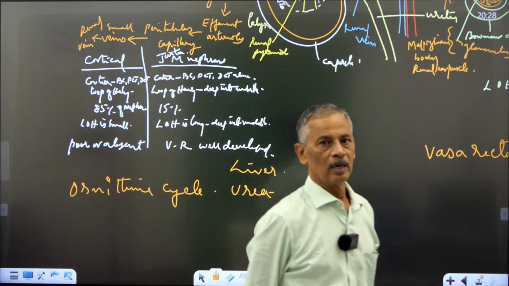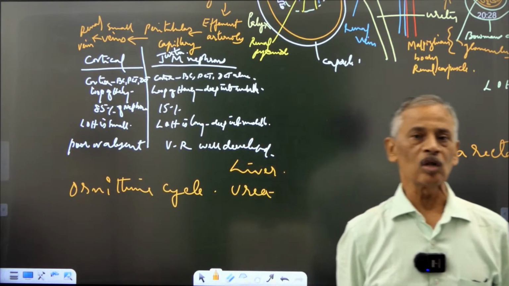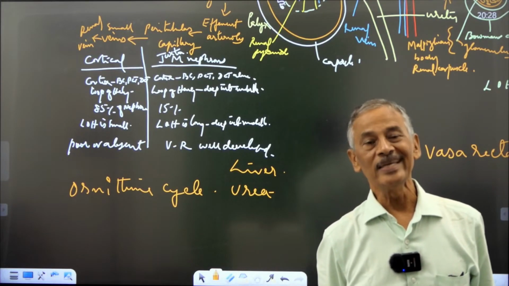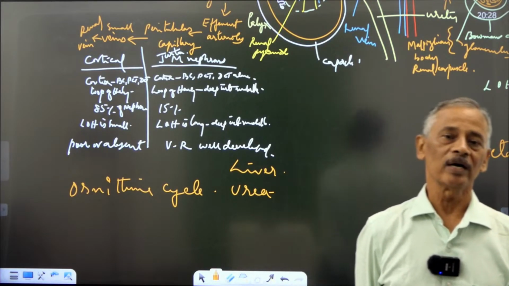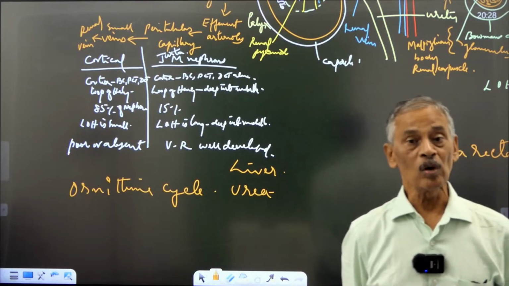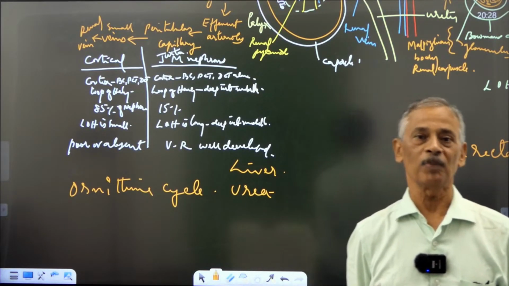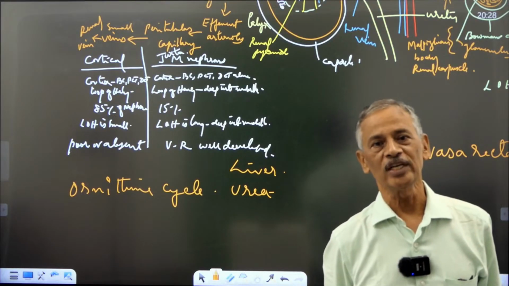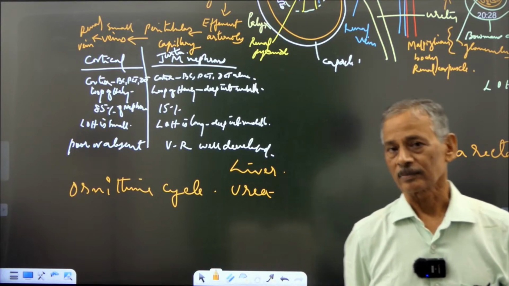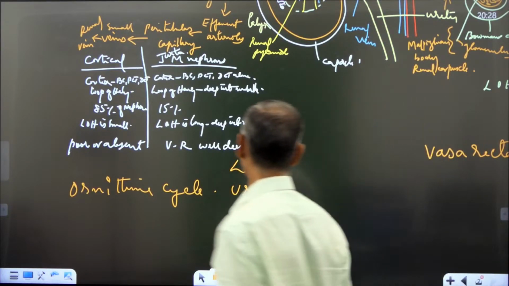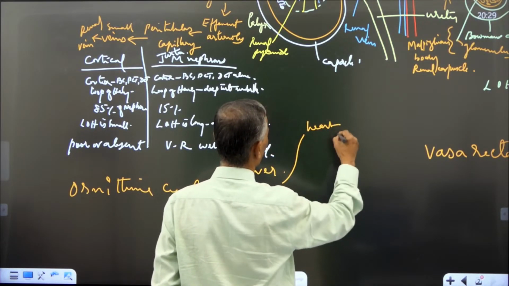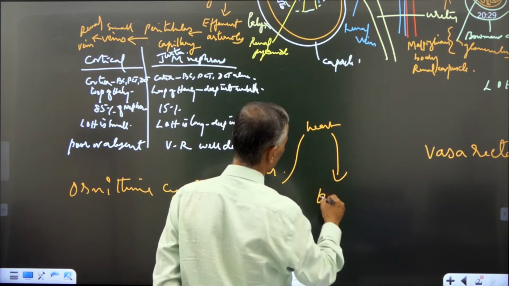Urea is highly soluble in water. So the urea produced by the liver is getting dissolved in the water of the blood, and through the blood it comes out of the liver, and from liver it is carried to the heart first, and from heart it is taken to the kidneys.